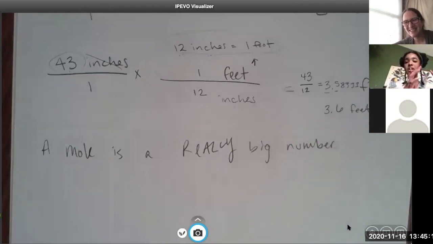So moles are, is it like how there's feet and inches and it's a currency or like a... really? Exactly. That's so interesting. Okay, that makes sense. I like that word, currency.